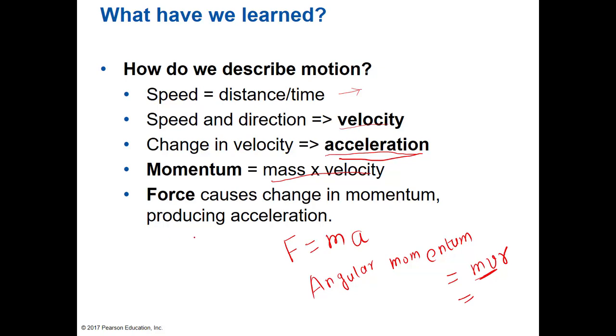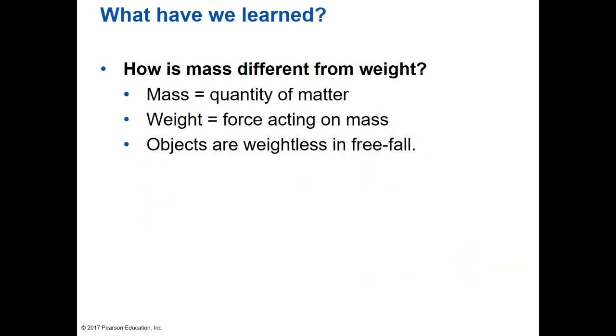We also talked about the mass being the quantity of matter, and the weight being a vector quantity which depends upon the acceleration due to gravity. The formula for the weight is simply the mass times the gravity. And if it is in a free fall state, it weighs nothing. It's zero.